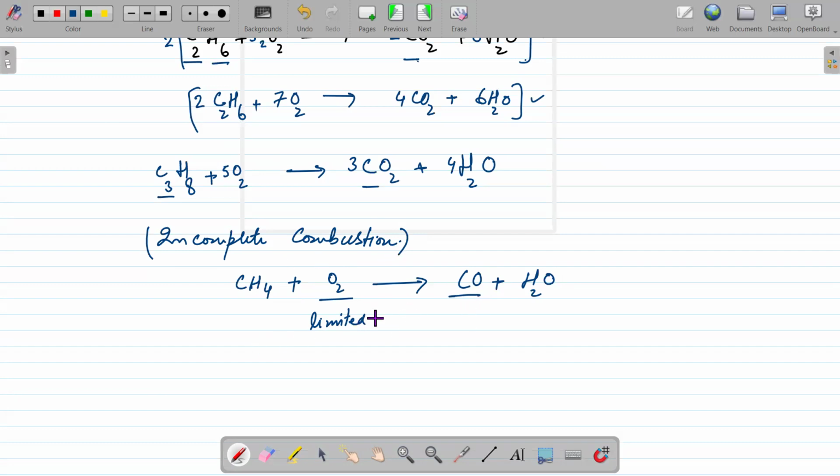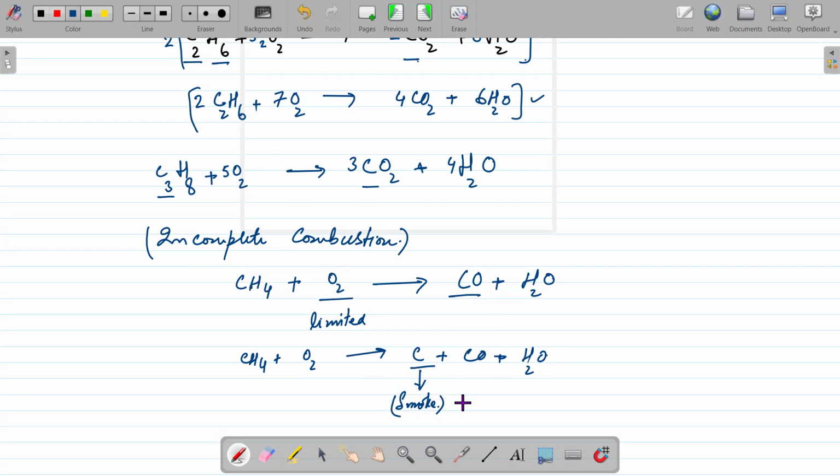Or sometimes it also gives carbon atoms along with carbon monoxide and water. So that is known as incomplete combustion, when we get carbon particles in the form of smoke, right?